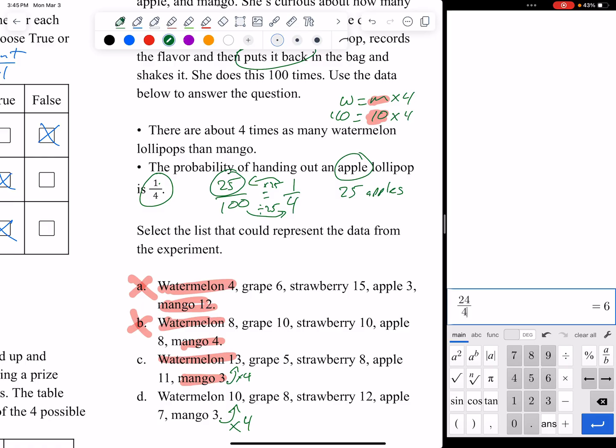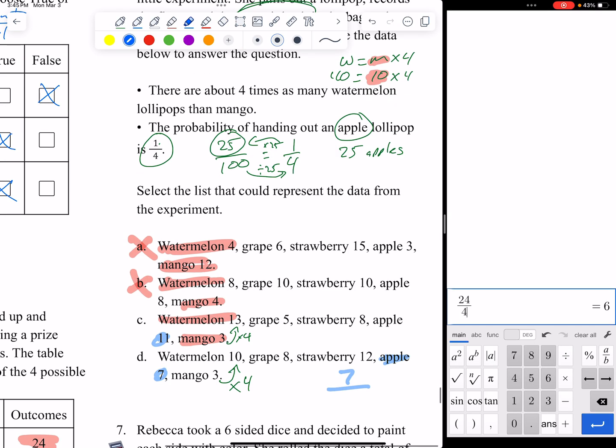Apple. 1/4 of it was apple. So for my apple, I want to focus on apple having 7 versus 11. This one had 7 out of what? 7 out of, let's see, 10 plus 8 plus 12 plus 7 plus 3, and that's out of 40. So what's 7 divided by 40?